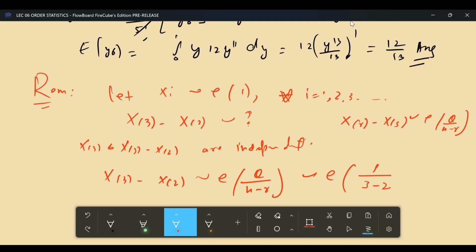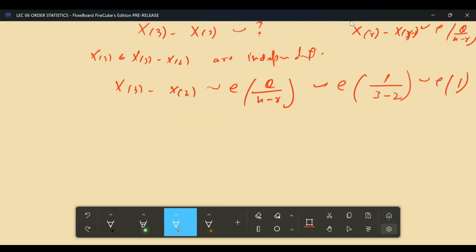This is n minus r. This is r minus 1, 3 minus 1, that's 2. That's 3 minus 2, this will follow exponential 1. n is 3, 3 minus 2 is 1.